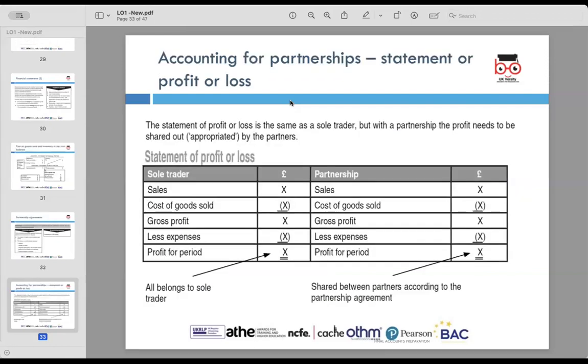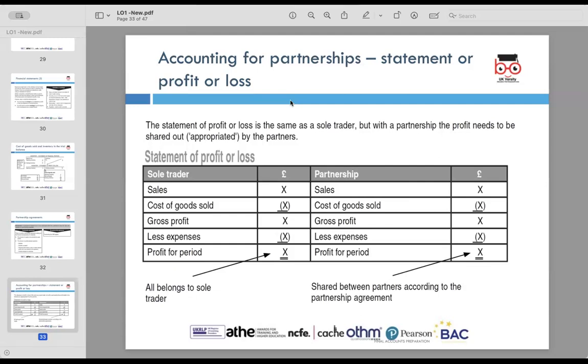Accounting for partnership, statement of profit and loss. A statement of profit or loss in partnership mirrors that of a sole trader, but with an additional step of appropriations among partners. In the sole trader scenario, the statement of profit or loss outlines the financial performance of the individual business owner, which includes sales, cost of goods sold, gross profit, less expenses.